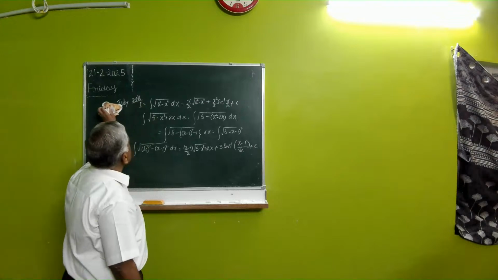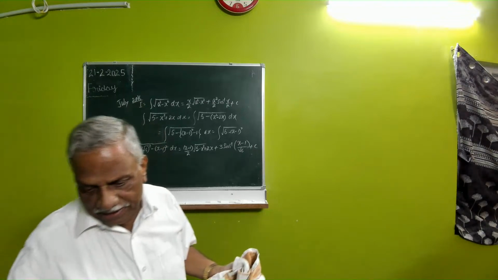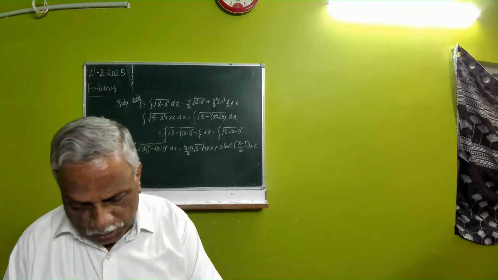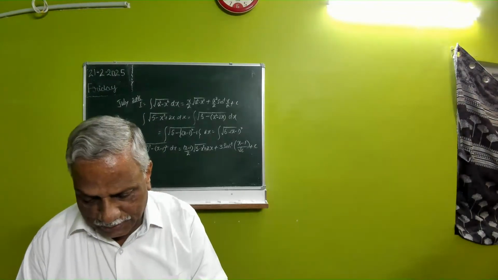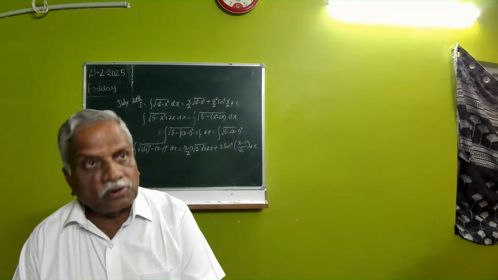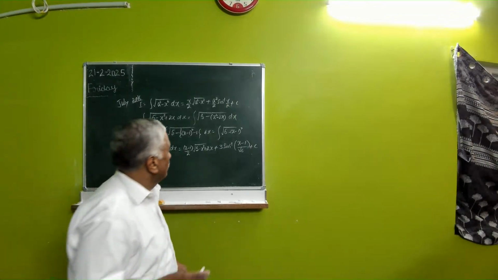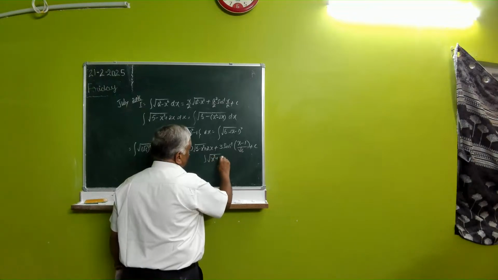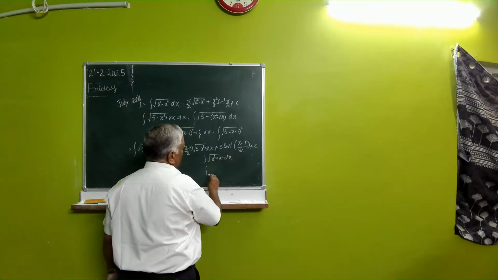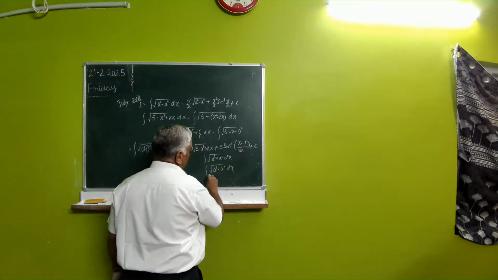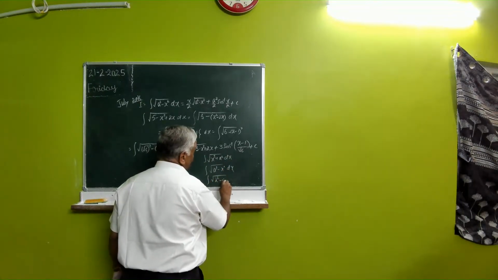In July 2016, March 2017, they have given the other left-out problem. In 2015, we got root of x square plus a square. In July 2015, we got a square minus x square. What is left over is x square minus a square.